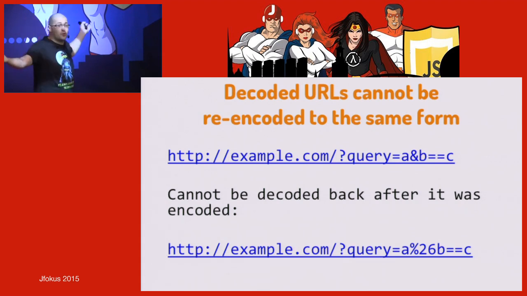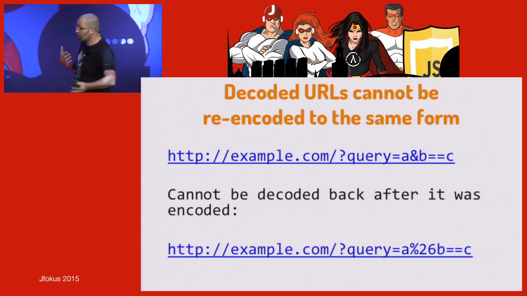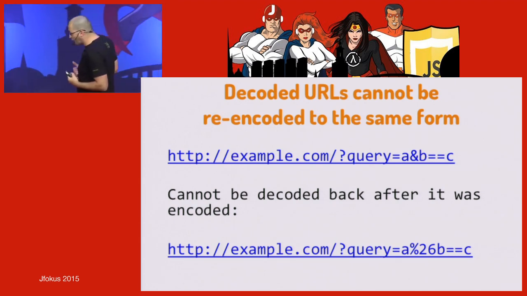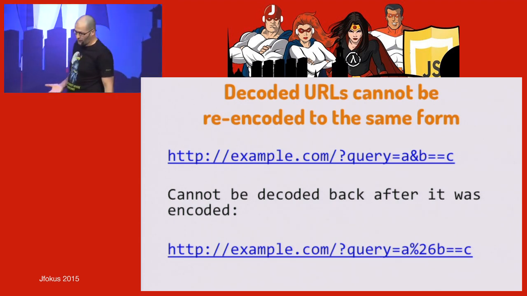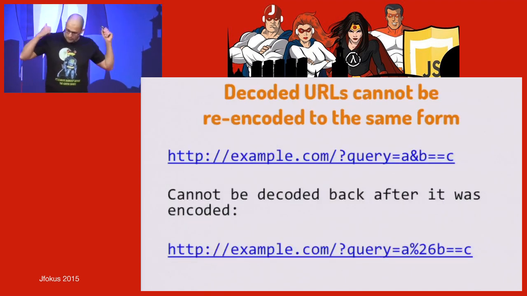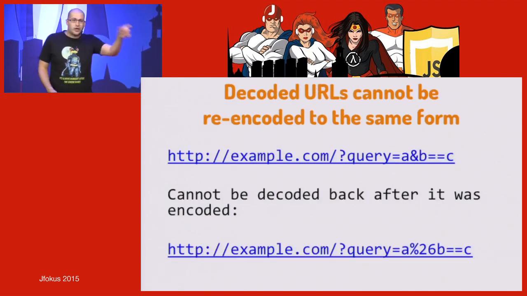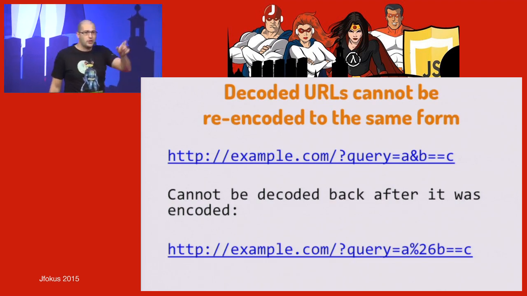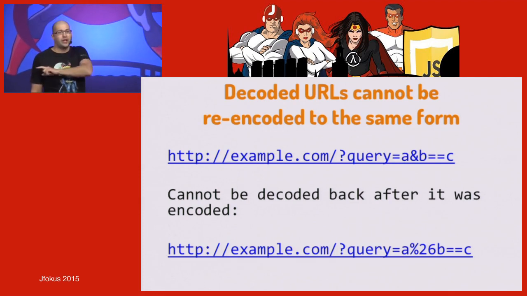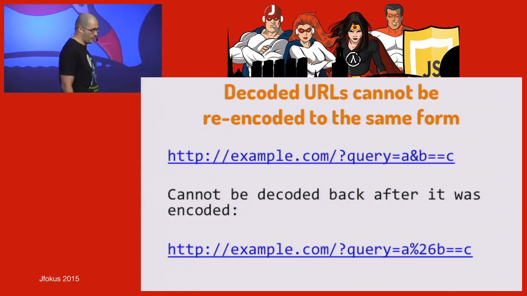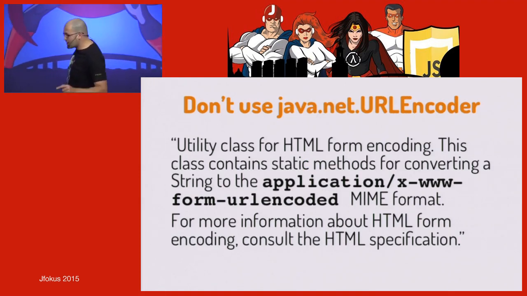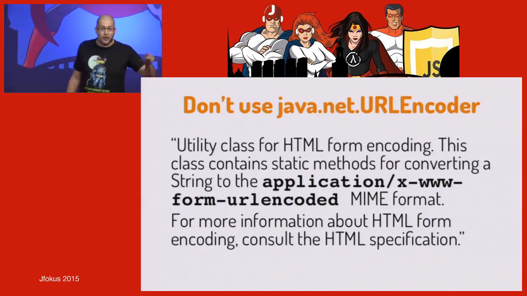There is no way to know because the encoding is not symmetrical. We cannot go back from the encoded form to the unencoded form, which basically means that when you encode parts of your URL, you need to encode whatever exactly you want to encode and not the whole string.